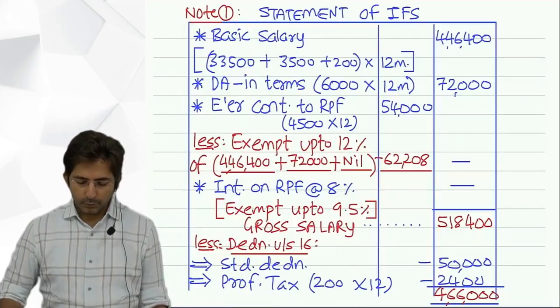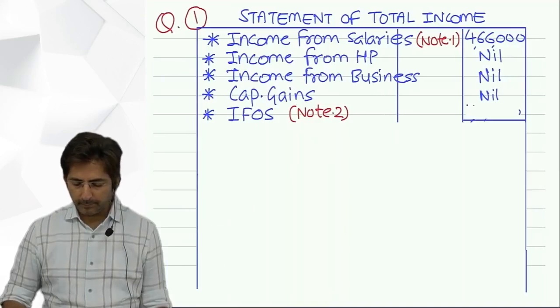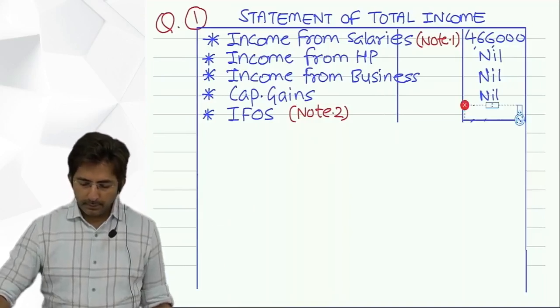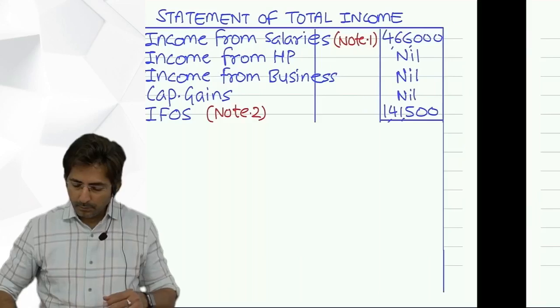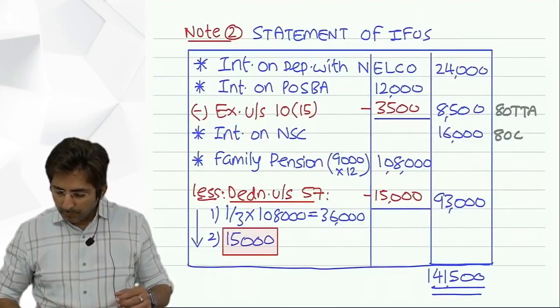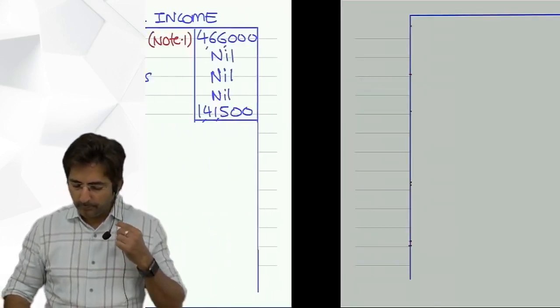Done. So substitute this in the main statement. 141,500.